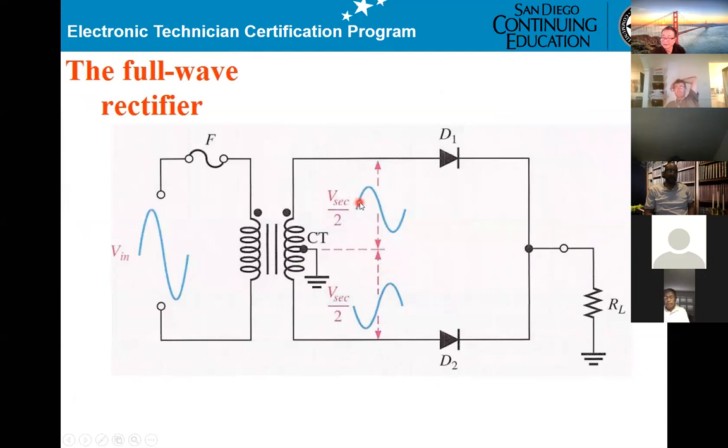The secondary, half of the secondary and a half of the secondary. And if it's positive here, then you get negative here, and negative here, positive here. So the first positive, you turn on D1.